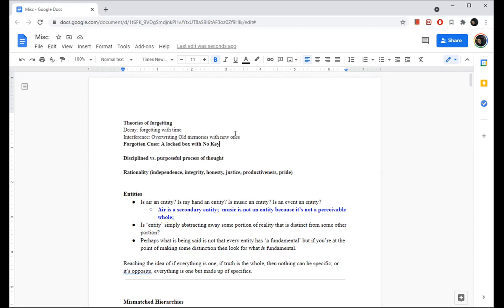Well, decay is pretty well demonstrated throughout, even in rats. Interference is also well demonstrated. It's not even overwriting necessarily, but it causes issues in recall.